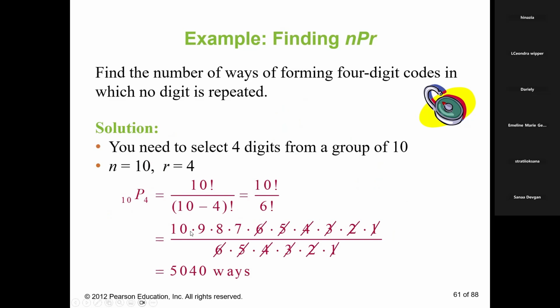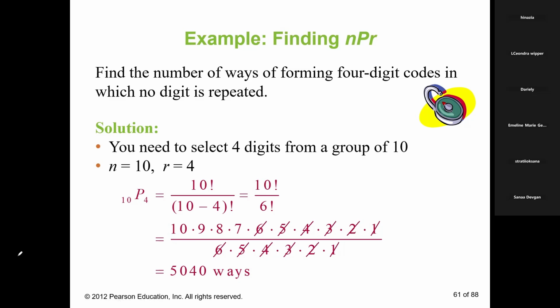For the 10 factorial, you start at 10 and go all the way down to 1. Can you see that? Same thing for the 6 factorial. Start at 6, go all the way down to 1. And then you simplify.